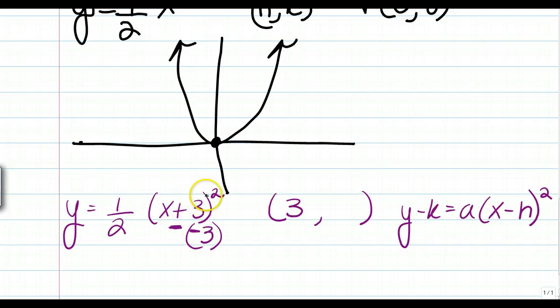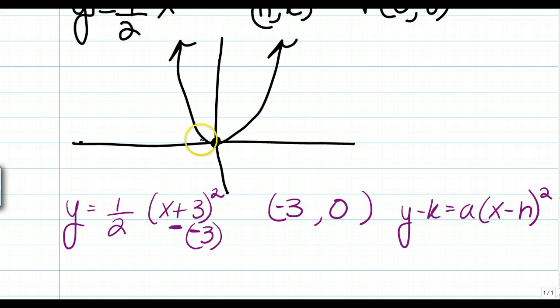So what you have to realize and remember is that h is always the opposite of what you think it is. If it's a plus, it's a minus. If it's a minus, it's a positive. Same with your k, and I'll show you that in a second. So we know this is going to be a negative 3 because it's the opposite of what we see here of that sign. We know that k is 0 because we don't have anything next to the y.